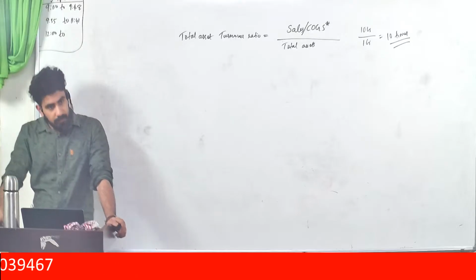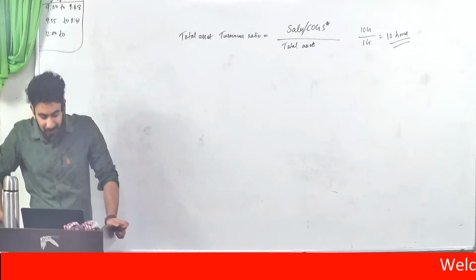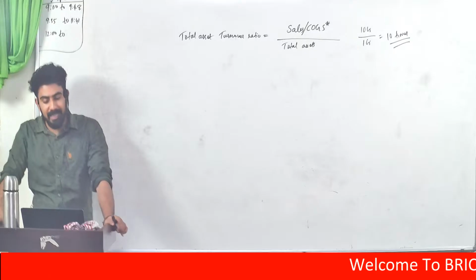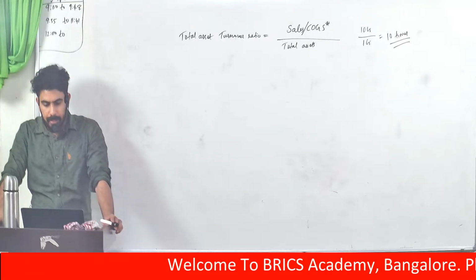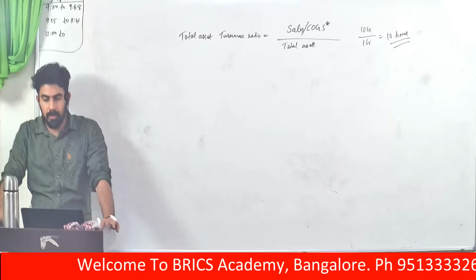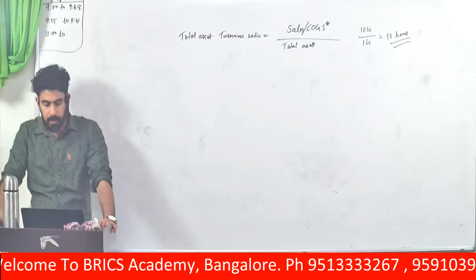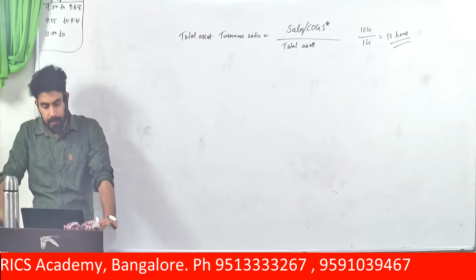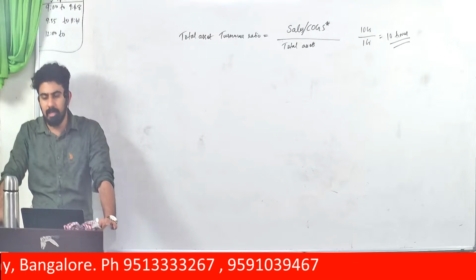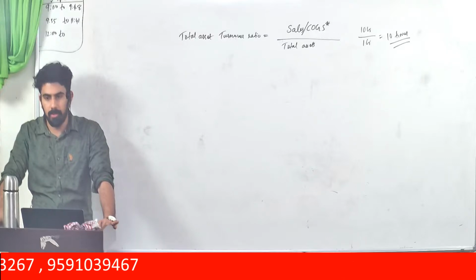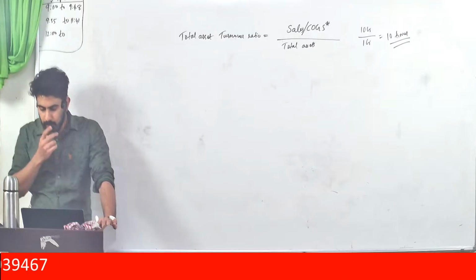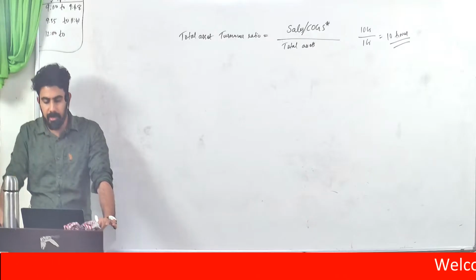Under inventory, you have more. You have raw material inventory turnover ratio. This is within inventory turnover ratio. Here it is not like sales or COGS divided by. Here it is raw material consumed divided by average raw material stock.